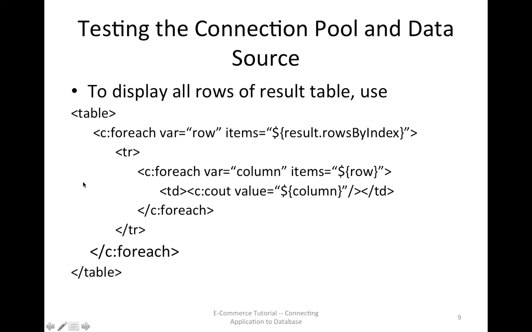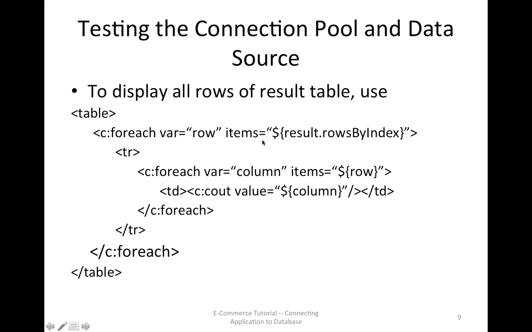So again, this table tag, then we have the tr tag to group the elements in a row. Then we have the td tag to group the elements in a column. So for each row in result.rowsByIndex, which is equivalent to result.getRowsByIndex, which will return a list of rows.